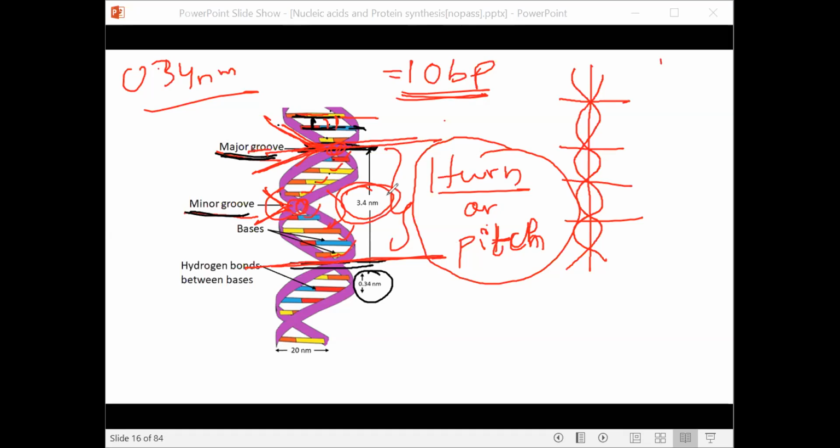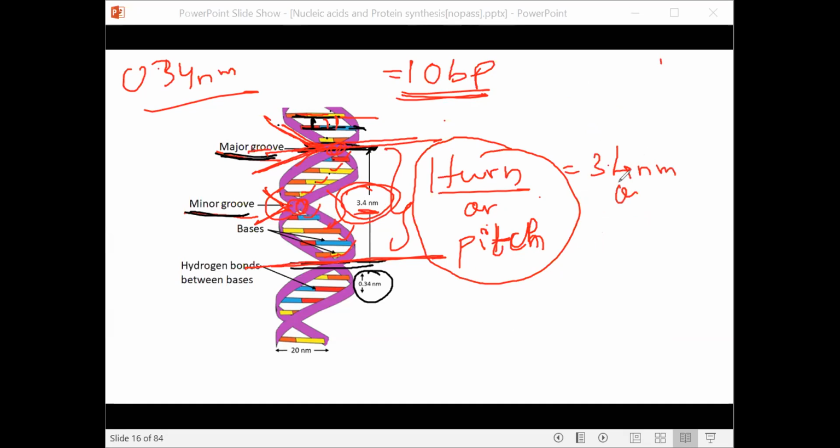It's like a rhetorical question I'm asking because there is already an answer given. Yes, 3.4 nanometer. That means one turn's length is 3.4 nanometer, or 34 Angstrom.